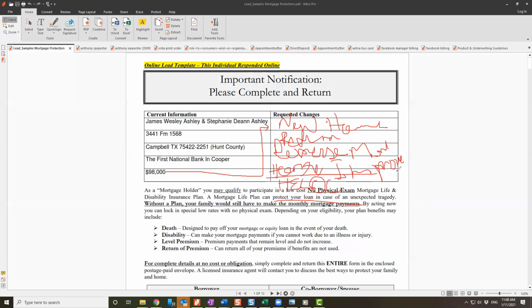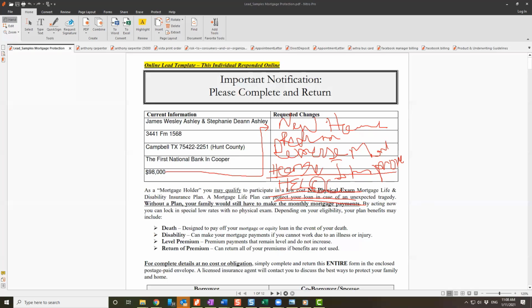Or is it a home improvement? They want to do a pool, a fence, fix the roof, have a new kitchen, and they do a home improvement loan. Or is it a HELOC? It's a home equity line, like a credit card but for a house. They call it a HELOC.